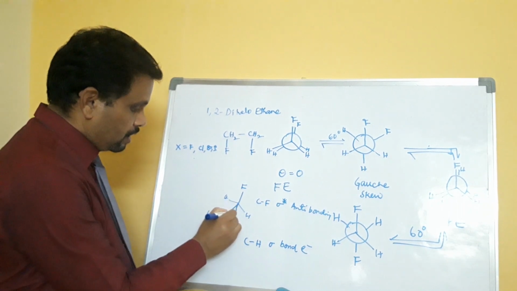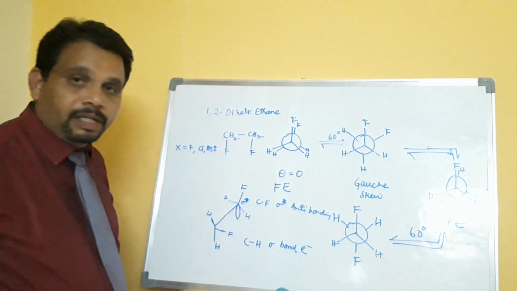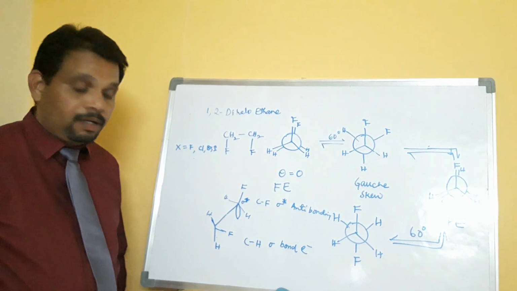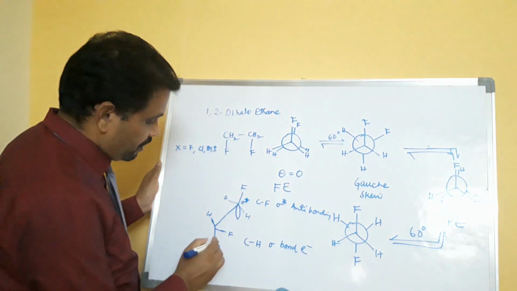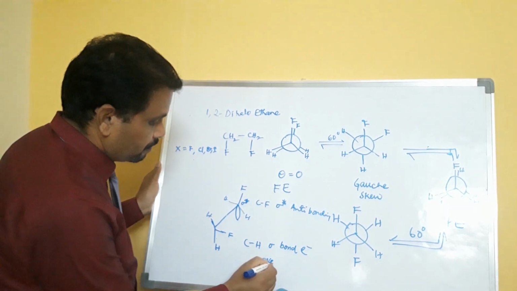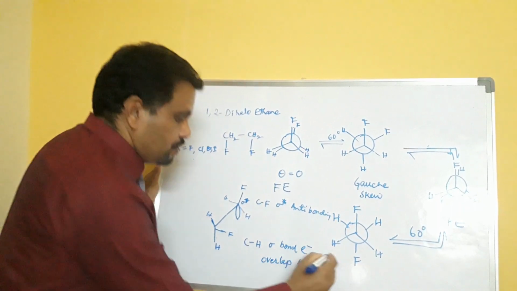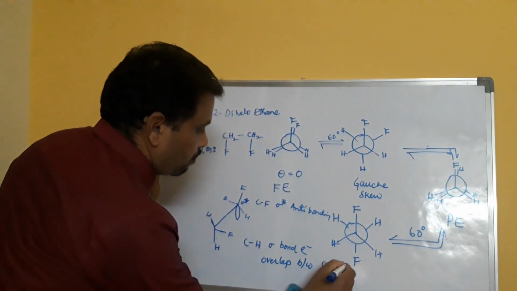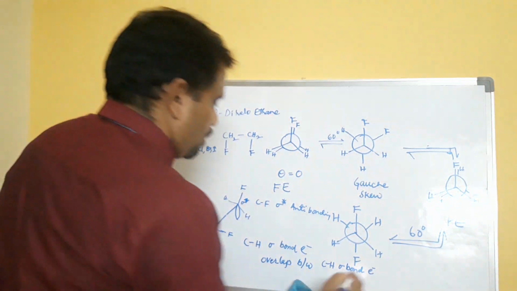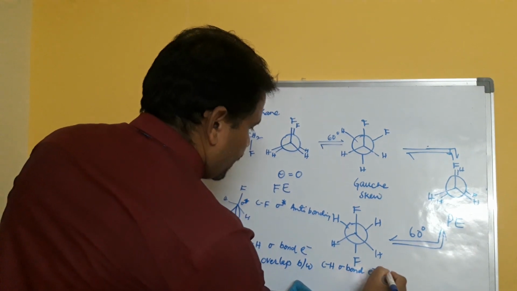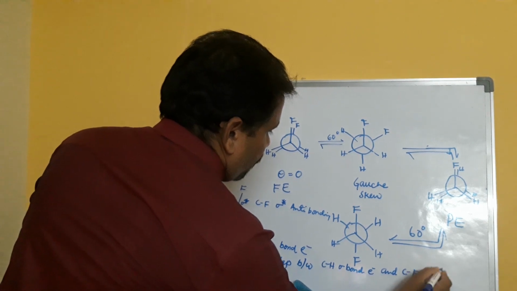Okay, so here sigma star antibonding orbitals are available. The overlap between CH sigma bond electrons or orbitals and CF sigma star antibonding orbitals.